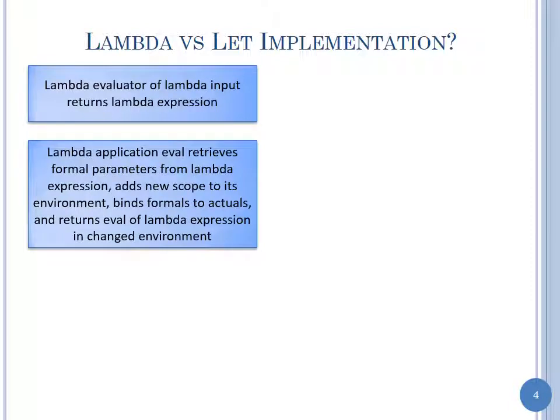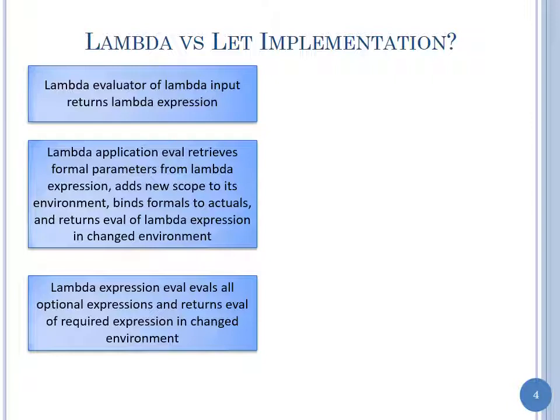We had to worry about applying that lambda expression to arguments, which means we have to create a new scope, bind formals to actuals, and then evaluate the lambda body in that new scope. So three things we have to do.